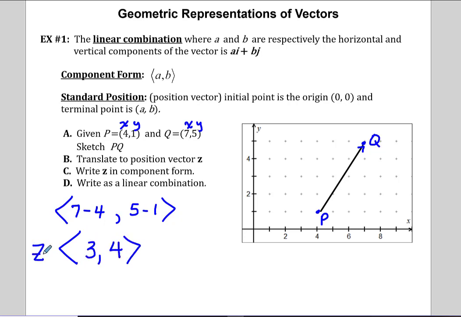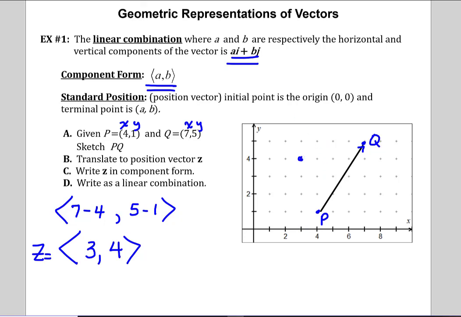So if I say z is my component form, here's how we write component form. Here's linear combination form. Then I could pick that vector up and move it to 3, 4.